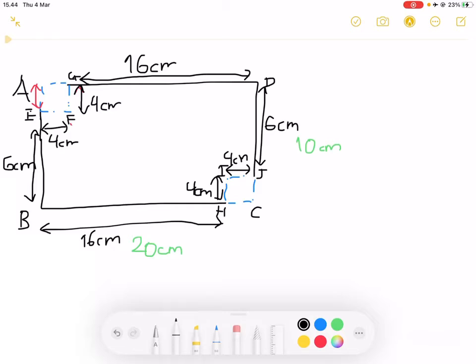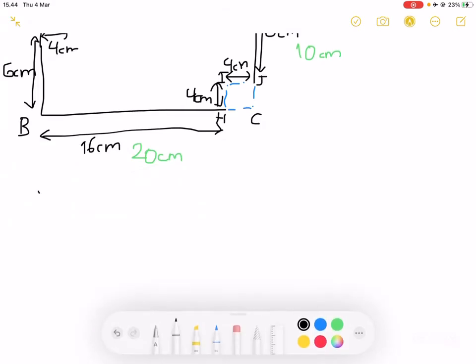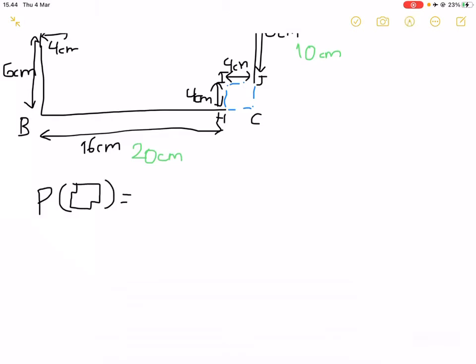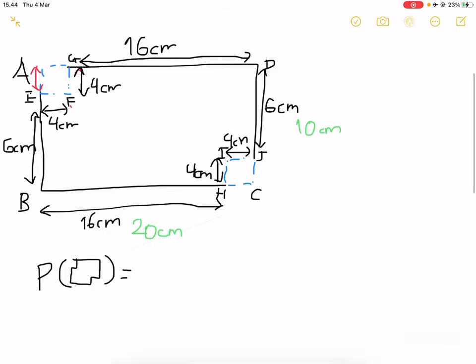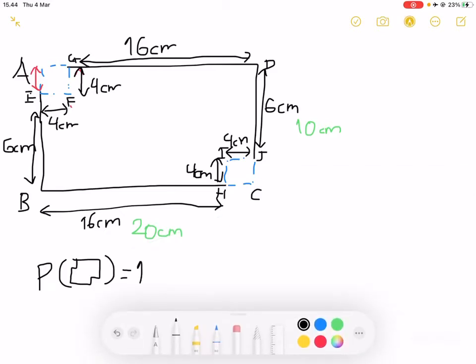Now we're ready to find the perimeter. The perimeter of the cutout rectangle is just the sum of all sides that make out this cutout rectangle. So first we have 16 centimeters, and when you're calculating perimeter with many side lengths, I would suggest to work in one direction.